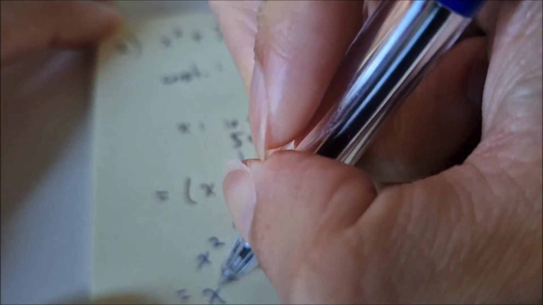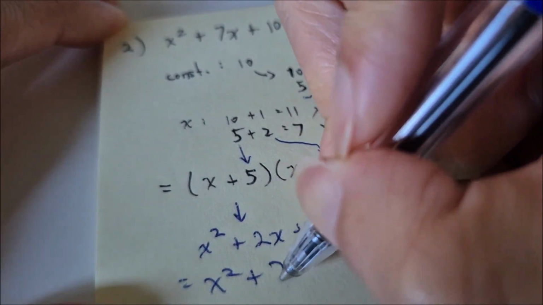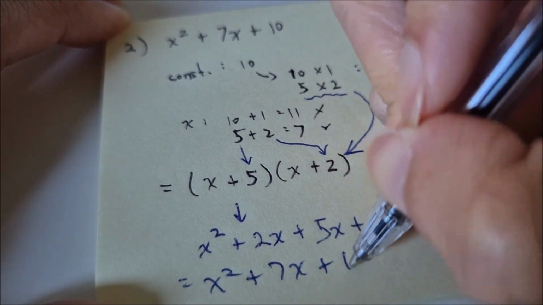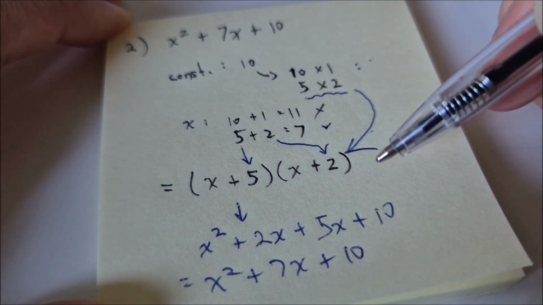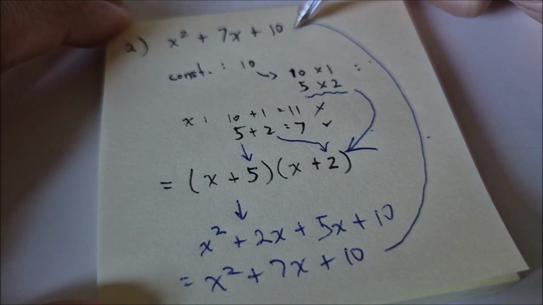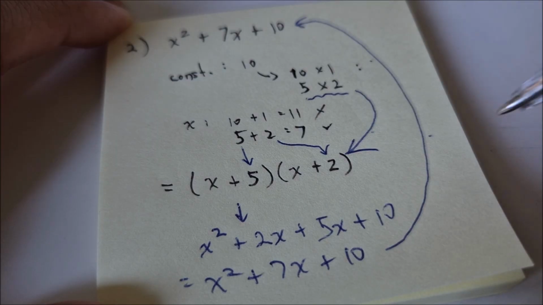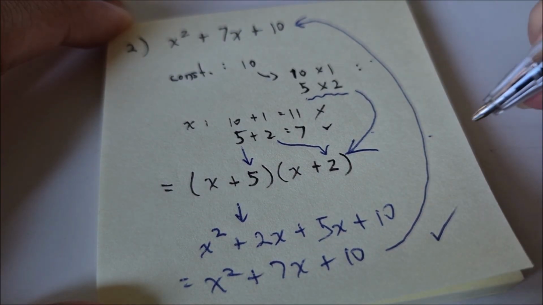And this just becomes x squared plus 7x plus 10. And this matches what we had before, so we know that this is correct.